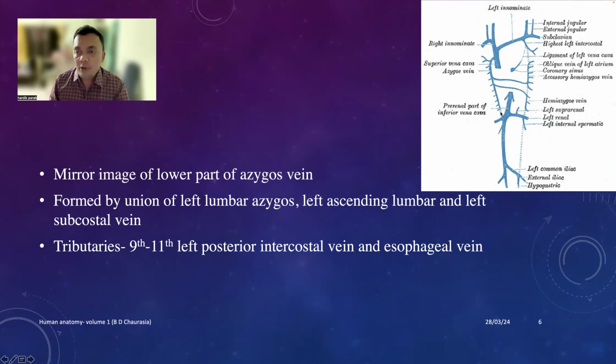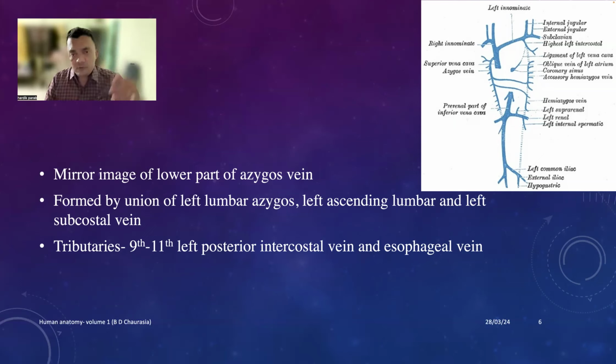The lower part of the azygos vein is a mirror image of the hemiazygos vein. So the lower part of the azygos is the same as the hemiazygos vein on the other side, only the lower part. This one is formed by the union of the left lumbar azygos vein, left ascending lumbar vein, and left subcostal vein. They make your hemiazygos vein.